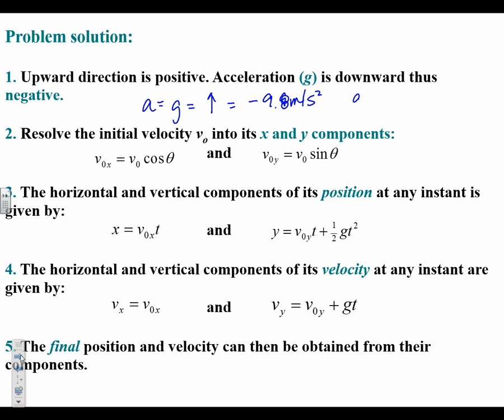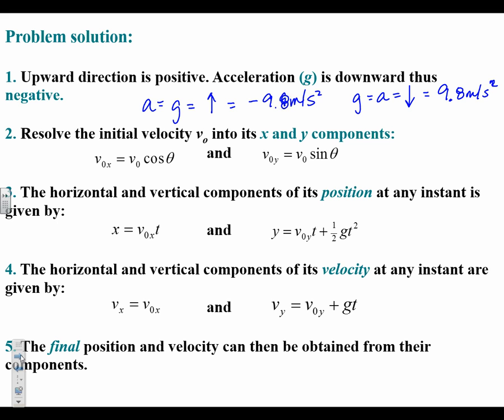If we're talking about gravity in its normal sense, which is down, then we'll say that it's the positive 9.8 meters per second squared. You just have to make sure that you use the correct sign for how we're talking about things.